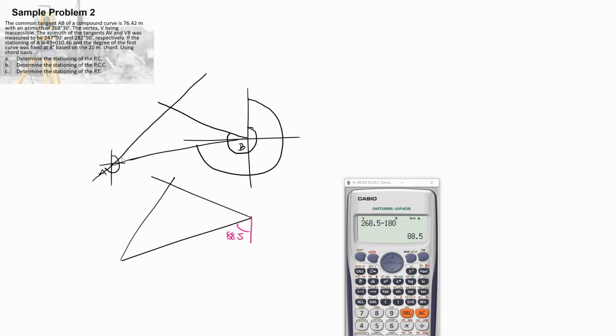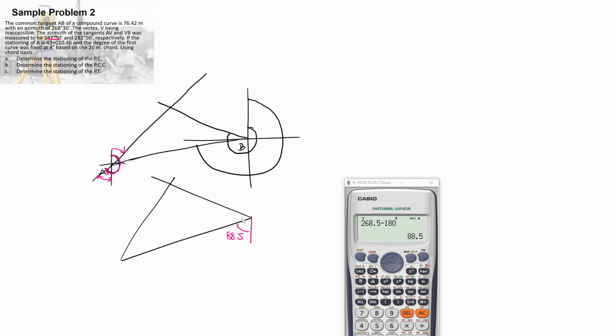And then, kung 247 siya, ang angle na ito, ito yung kuhain natin, is equal siya sa angle na ito.